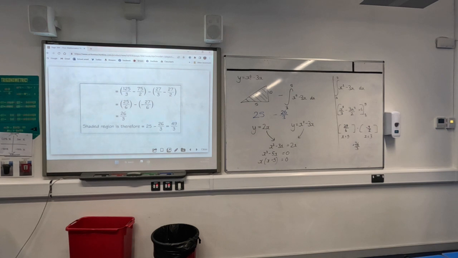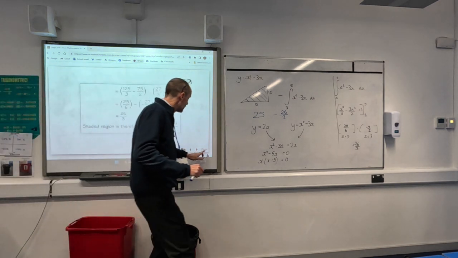Yes, there we go. So it's quite a clever skill, isn't it? Yeah, combining areas that we can work out using the shapes that we know the area of, and also our newfound skills of integration.